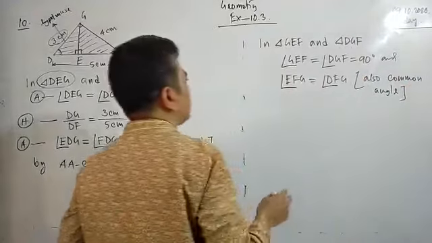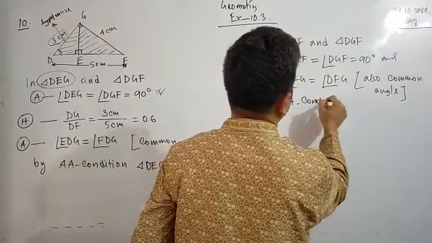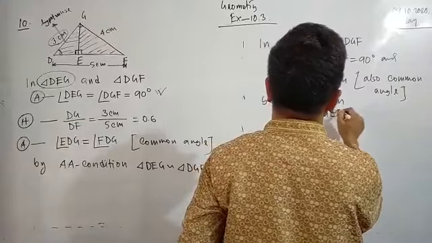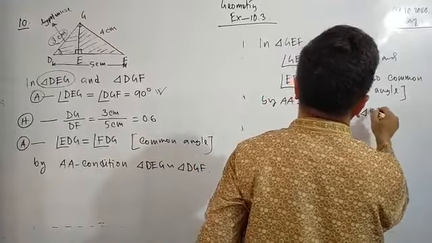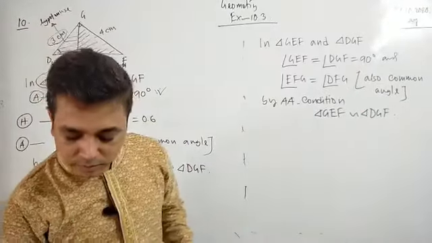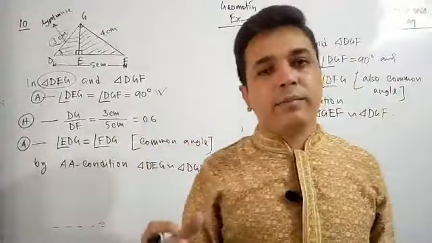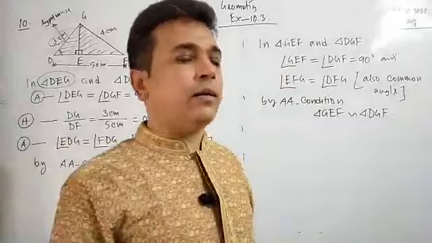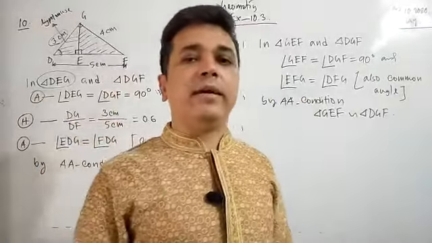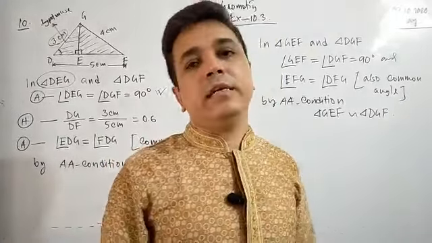Okay, so we can say by double A condition, GEF is similar with DGF. Look at that. We have shown this big triangle is similar with the smaller one and the medium one. So we can say the smaller one and the medium one are also similar with each other. We can say very easily.